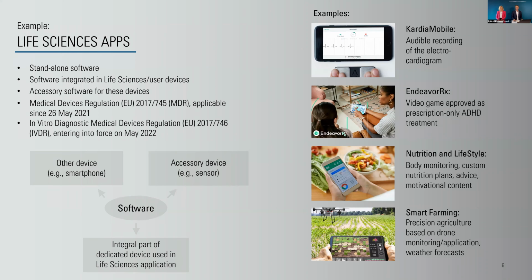And at first I'd like to refer to this diagram over here. What we have here are typical devices not really related to life sciences, but they use the software in the form of apps. And then as a contrast, we have accessory devices like sensor devices, which might be connected to another device.